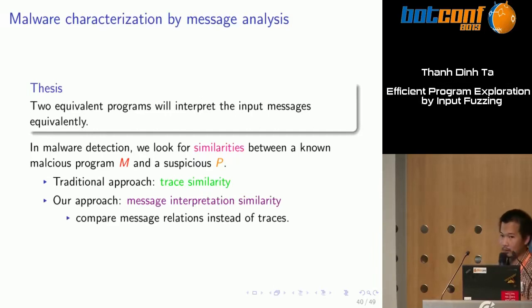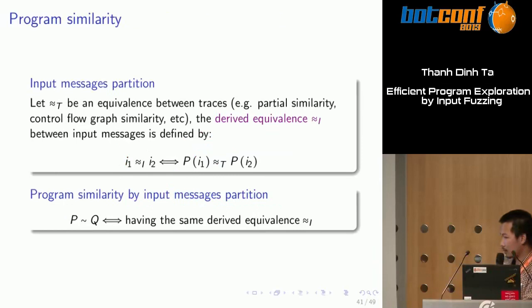It's based on the hypothesis that two similar programs will process a message in a similar way, and then we compare the relation between the traces in a set of messages instead of the traces. Here, with the result from the code coverage, we have generated different messages, and they lead to different sets of traces of the program, and then we can have an equivalence relation on the traces, and in this case we can deduce a relation on the set of messages, and we call that the input message partition.